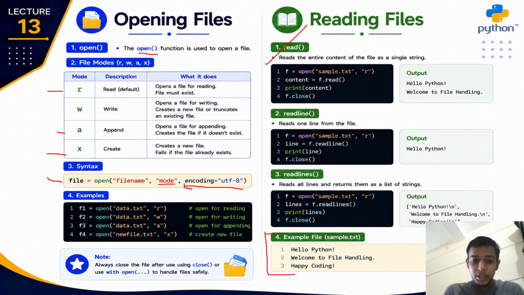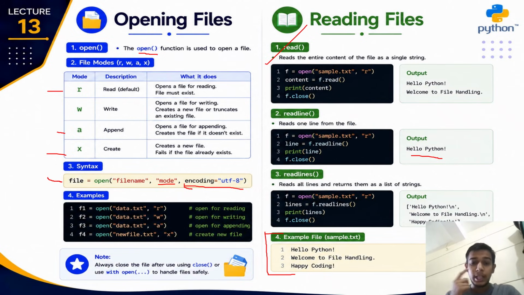The second method is readline. As the name suggests, readline reads only one line at a time from the file. So here you can see that only one line is printed, which is hello Python. The third method is readlines.